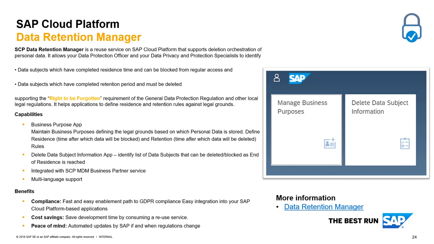The Data Retention Manager allows you to set residence and retention times and rules for data in your application, and based on these rules, it then interacts with the business application to calculate dates for deletion. It then triggers events for your application to let it know that it's time to delete the data. The application then simply honors this trigger and executes the deletion.